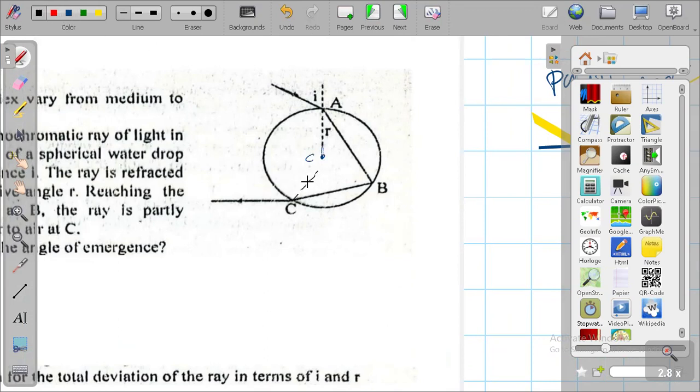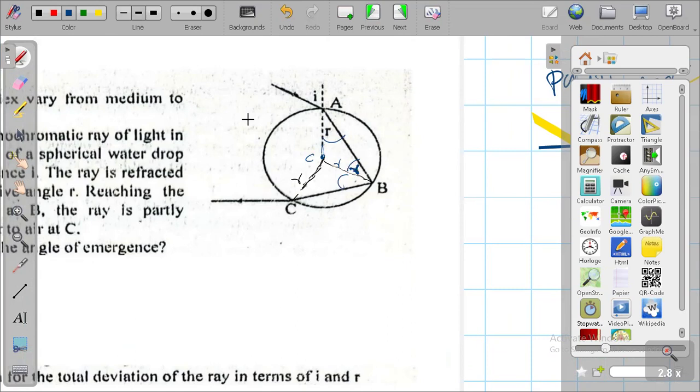If I draw another line from here, what is that line? Again, R. If the radius is R, this angle should be the refractive angle R.